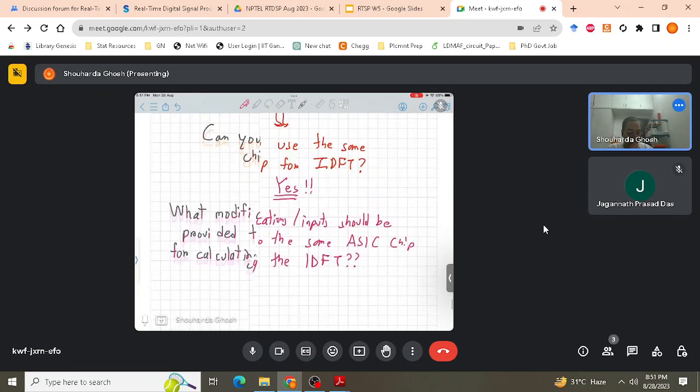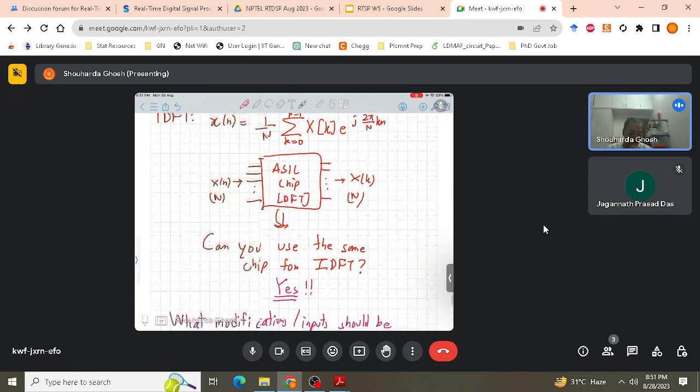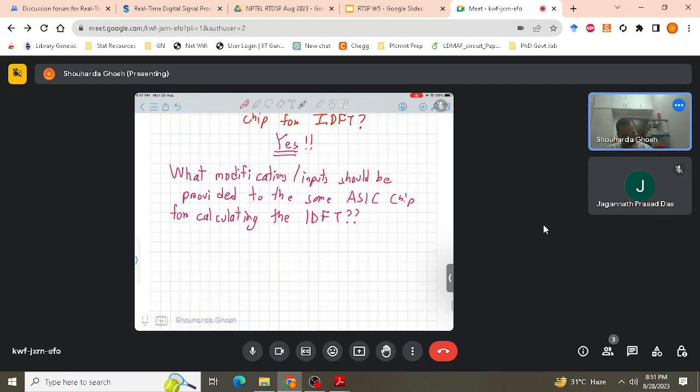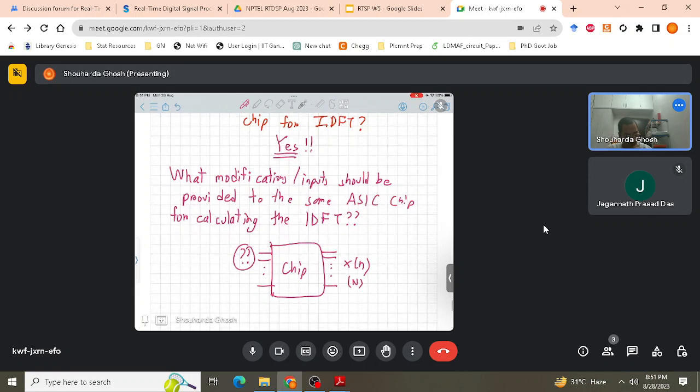It's an integrated circuit. So can you tell me, let's say I have the same chip again, what are the inputs that I should give over here to get x[n] over here? Any ideas?